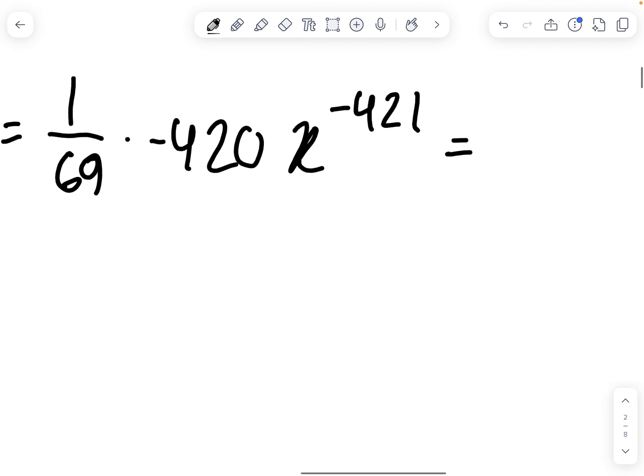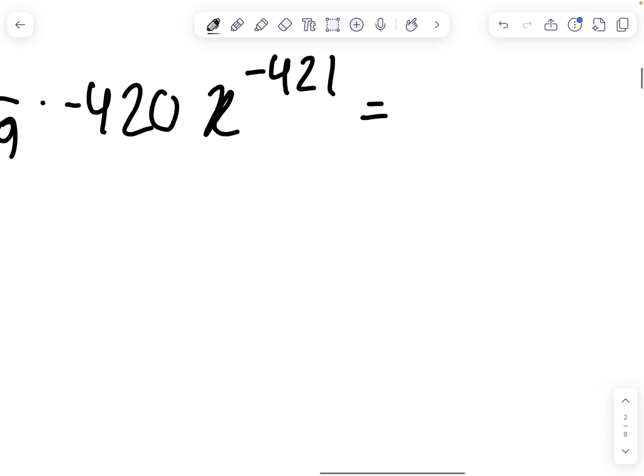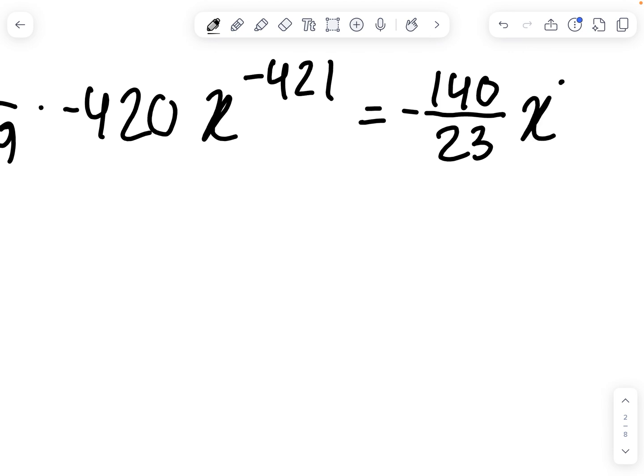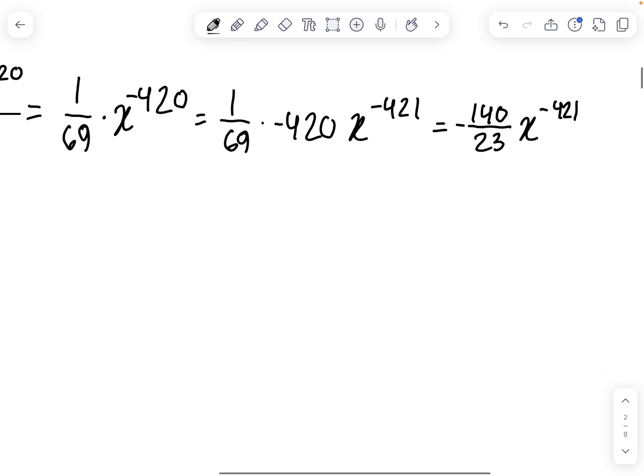And then yes, this does simplify to negative 140 over 23 times x to the power of negative 421. So yeah, that's the answer.